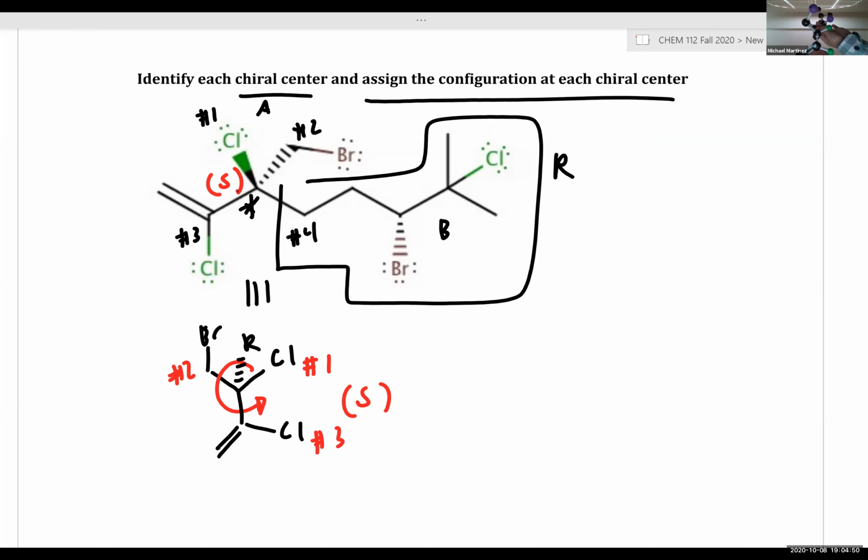I labeled it as R. From highest to lowest priority, we go from our chlorine to our alkyl bromide to our vinyl chloride. And that in turn gives us a counterclockwise rotation. So we assign the first stereocenter as S. Does that make sense to everyone?